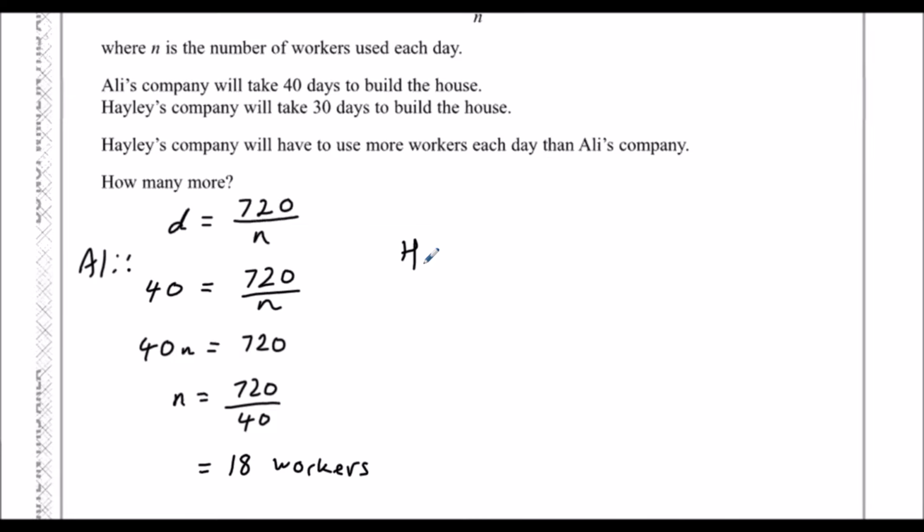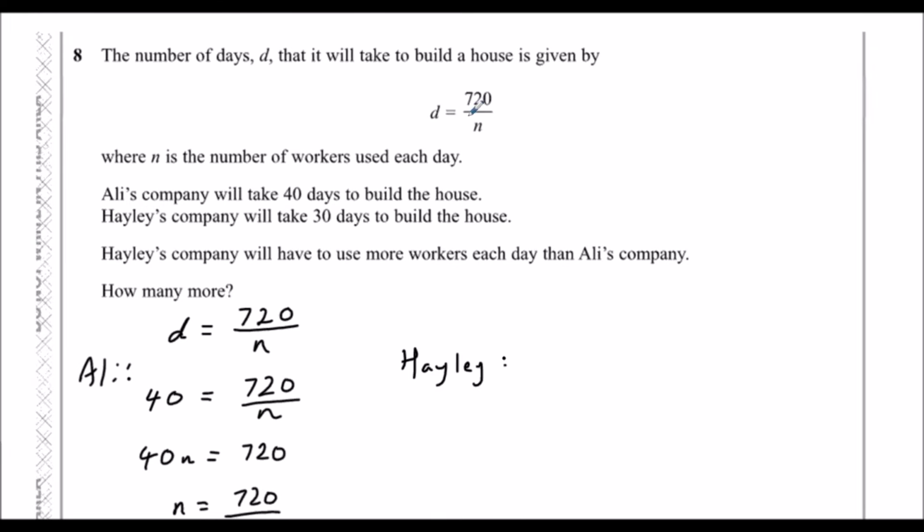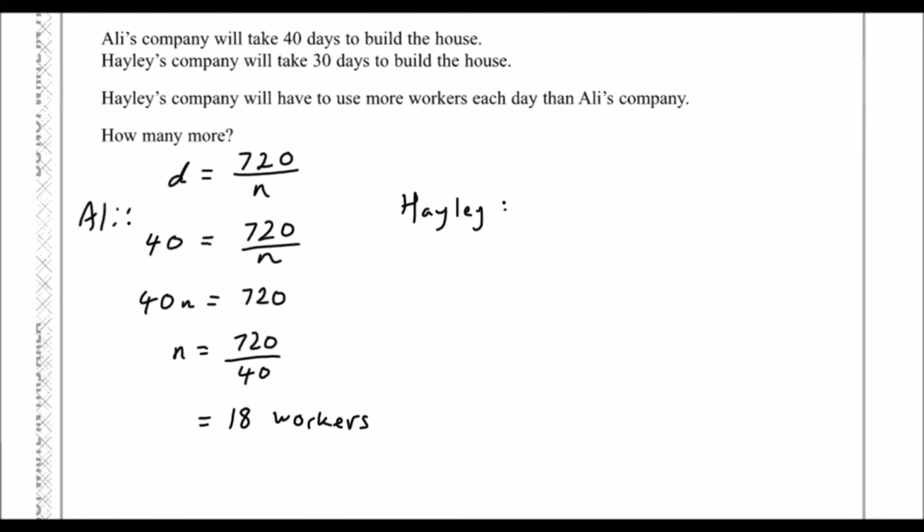and for Haley it takes 30 days. So substituting into our formula, D is now 30. 30 is equal to 720 over N. Again, solving this equation will tell us how many workers Haley uses.